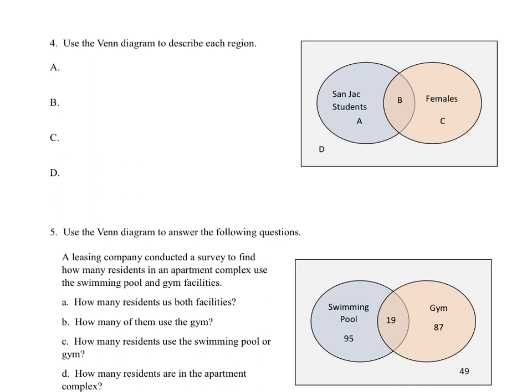So here we have Sanjak students in the left bubble. Here we have females in the right bubble. I think it's always easiest to start with the overlap. So in the middle here, in our overlap, part B, we have females who are Sanjak students, or female students.